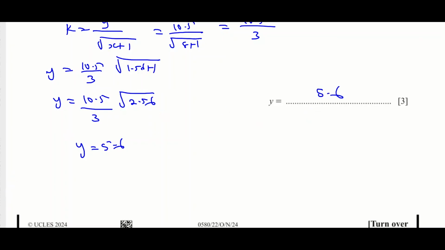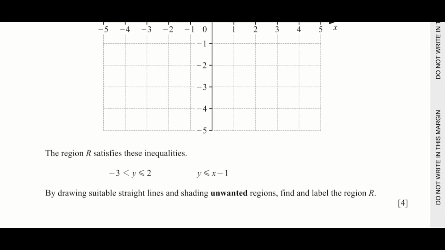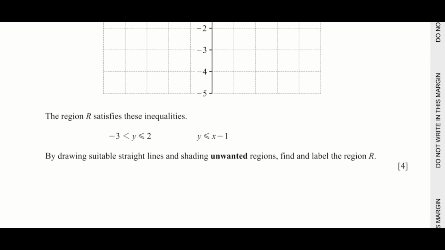Okay, let's go to the next question. That should be question 13. We have this grid. The region R satisfies these inequalities: minus 3 is less than y, that is, y is greater than negative 3, and y is less than or equal to 2.